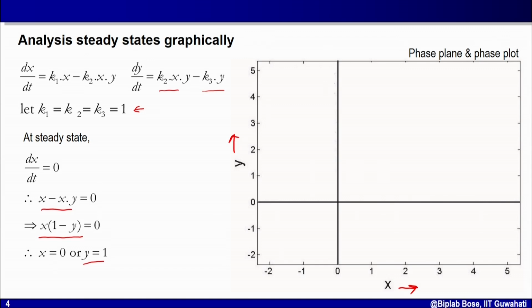Any point on this xy plane is the value of x and y at that moment. As time changes, the values of x and y will change as per the given ODEs, so we will get multiple points and these points will keep on moving.